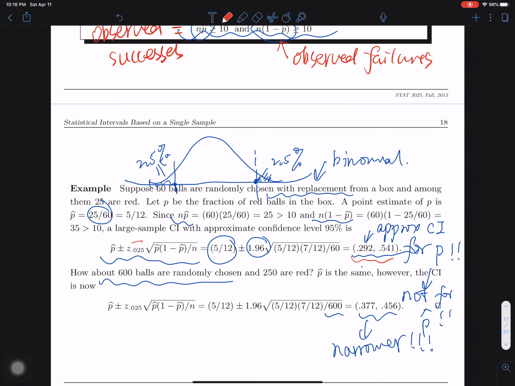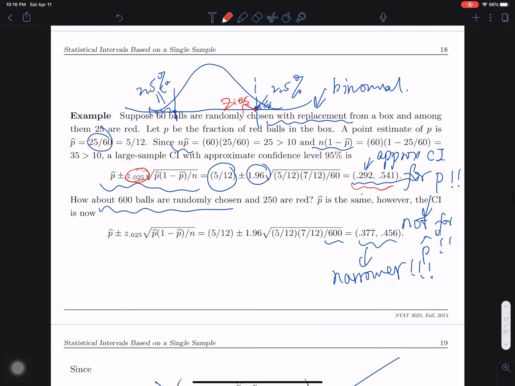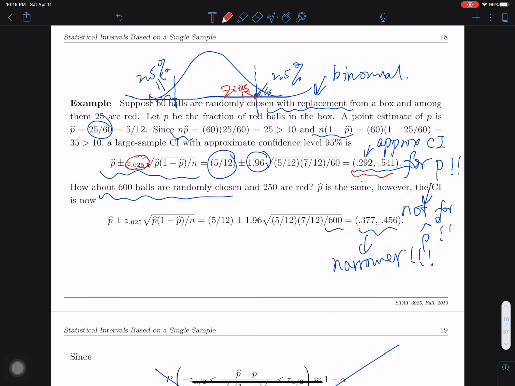So how do we find this number? This number is a z quantity. It is a quantity that makes the area to the right of it equal to 2.5%. And now, instead of 60 balls and 25 red balls, think about how about we have 600 balls, and among which 250 are red.